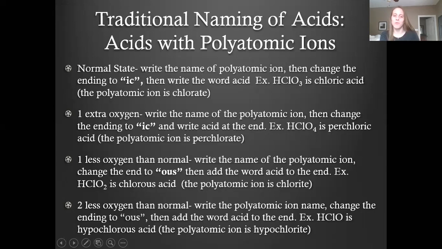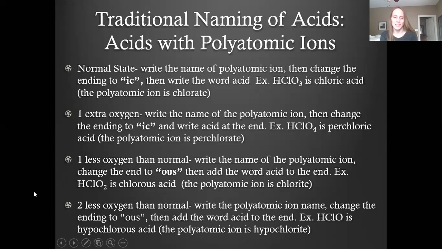If I have one fewer oxygen than normal, then I'm going to change the ending to OUS instead of ic. So in HClO2, I have one less oxygen than normal on my chlorite ion. So this becomes chlorous acid. Again, still nothing to show that there's an H there, not using hydro because it's polyatomic.